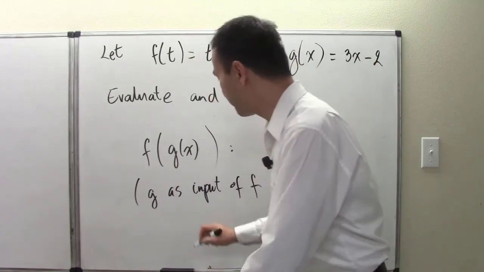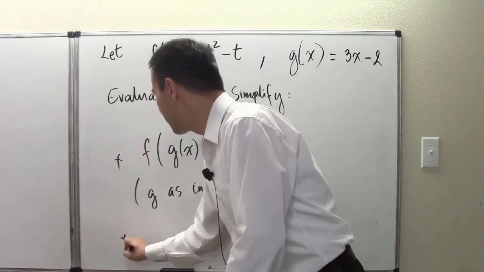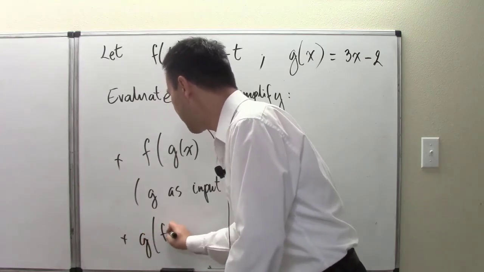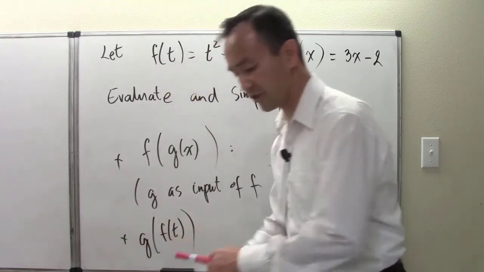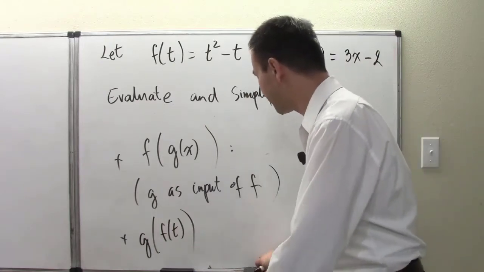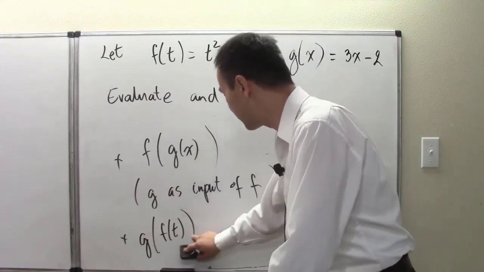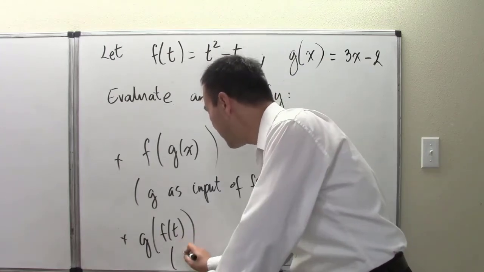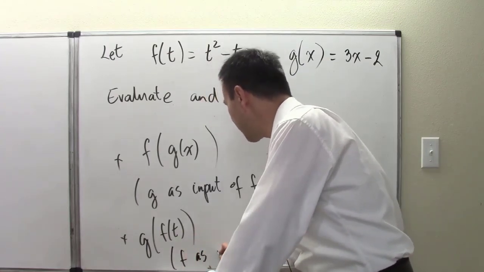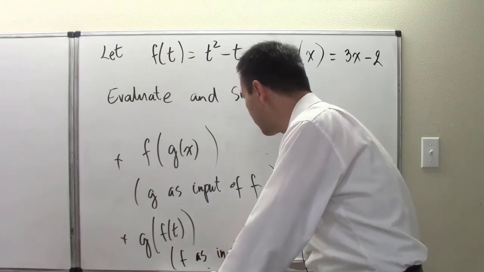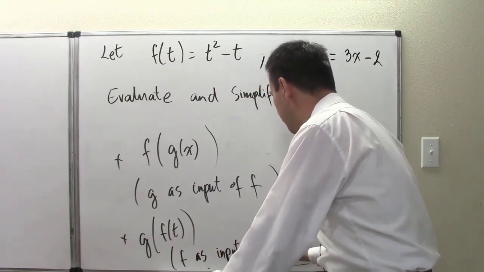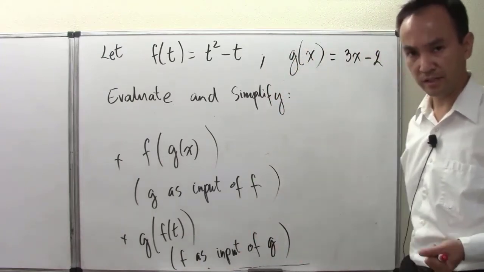And that's one form. Then we can have g of f of t that we just now finished. In this case right here, f is as input of g. Okay, f as input of g.